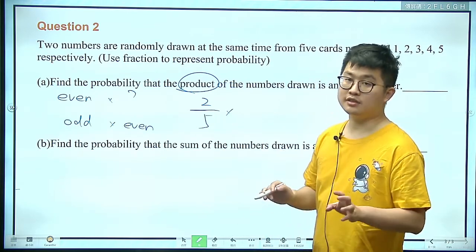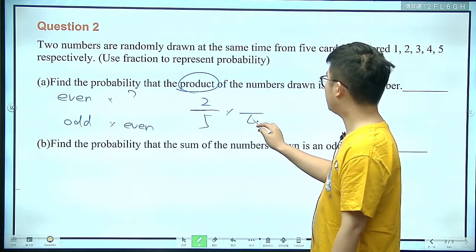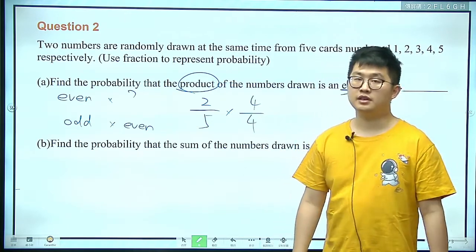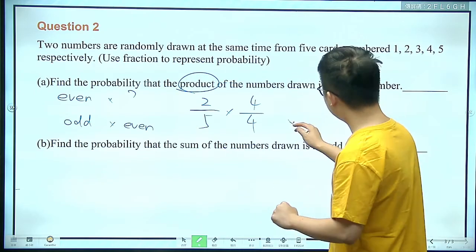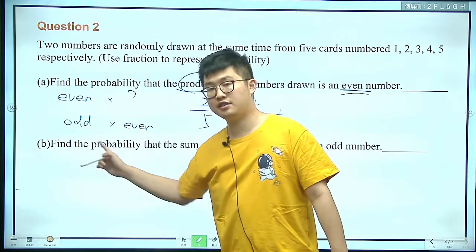Then the second card doesn't matter. There are 4 numbers left, and all of them are suitable. And we need to add up the chance for this.